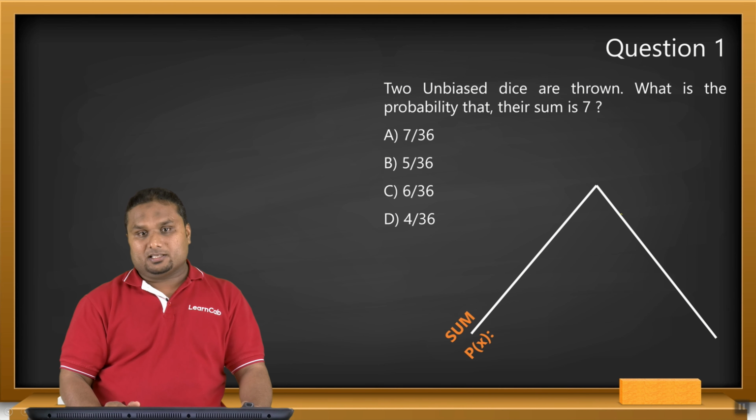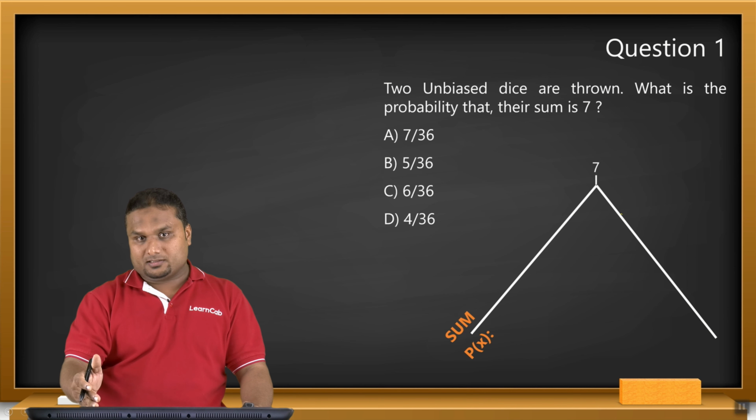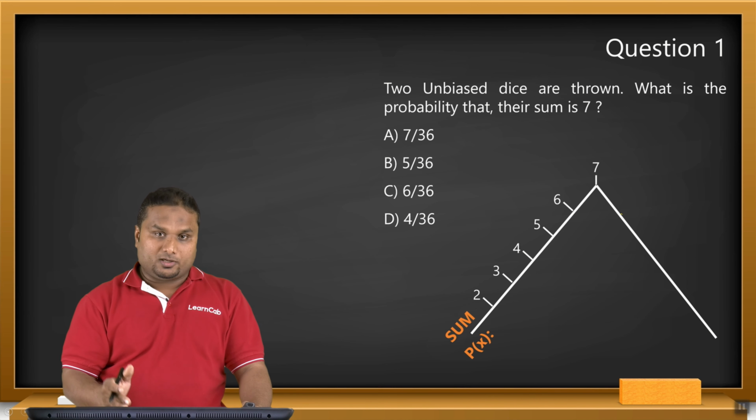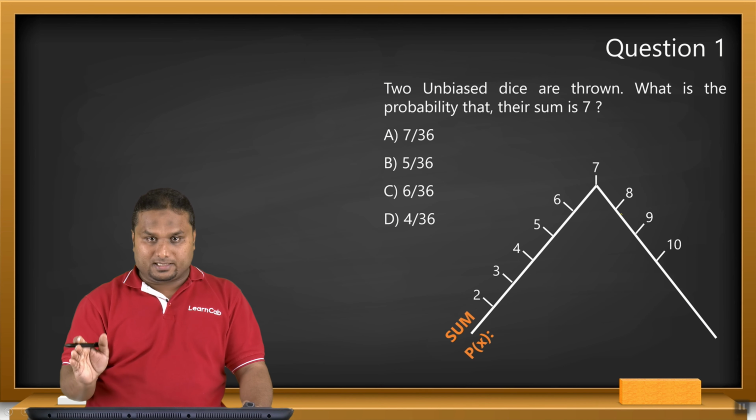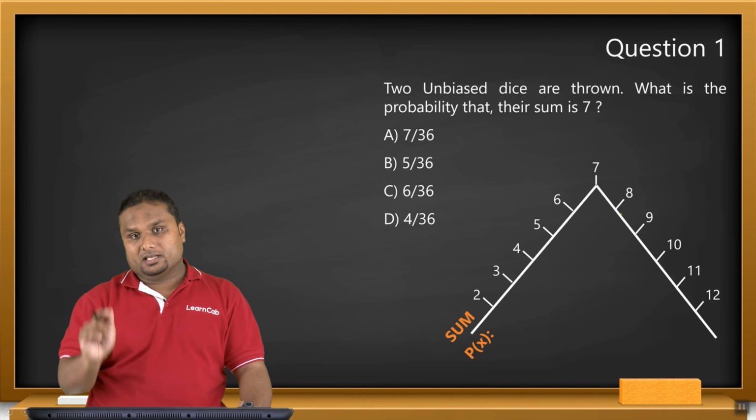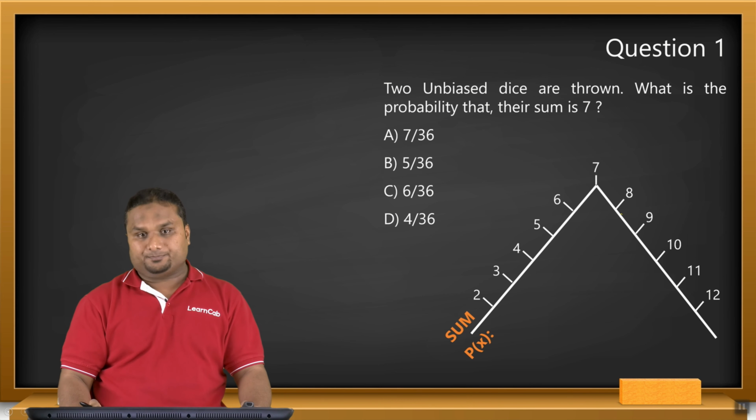The sum on the faces of the dice could be 7, 6, 5, 4, 3, or 2. On the other side, the sum could be 8, 9, 10, 11, and the maximum possible sum is 6 plus 6, which is 12.